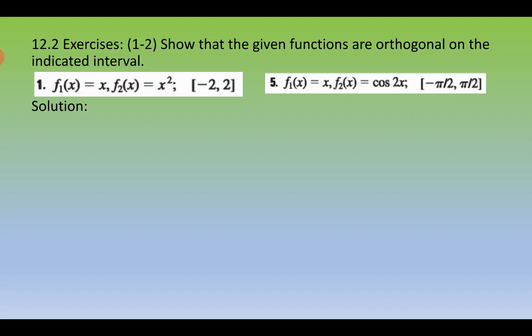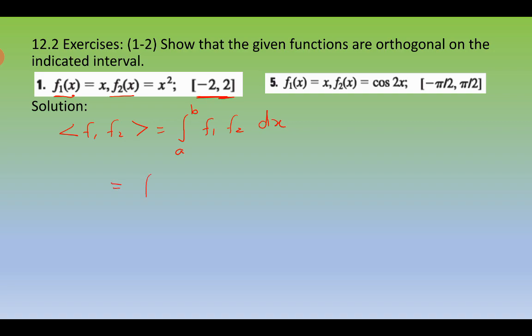Okay, now we have to verify, prove that the given functions are orthogonal on the indicated interval. Here two functions are given, f1 and f2, and the interval is -2 to 2. What is the formula? The inner product of f1 and f2 is the integration from a to b of f1 times f2 dx.